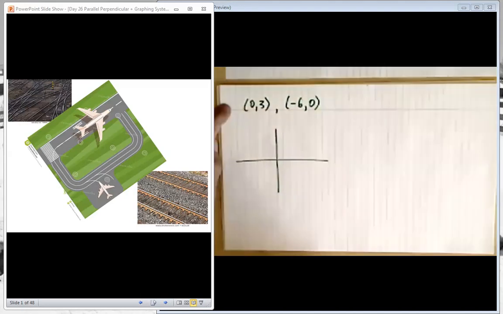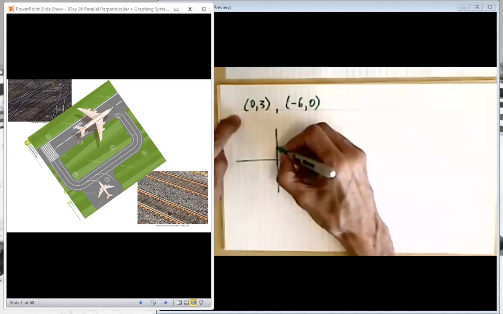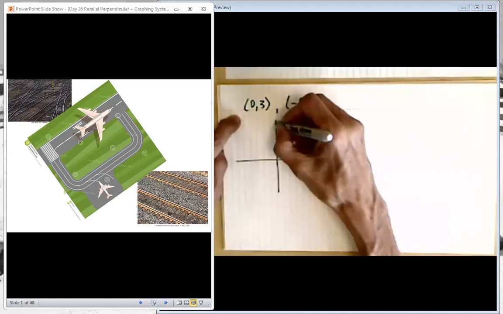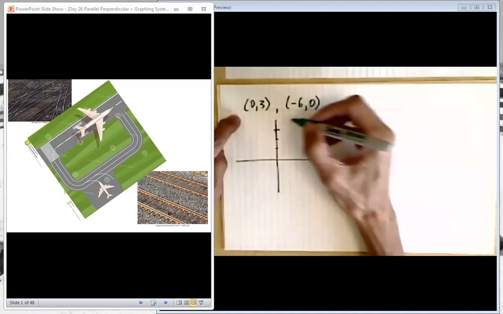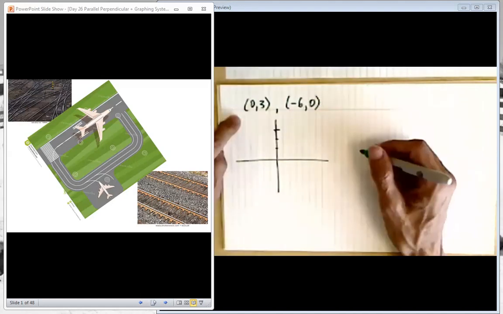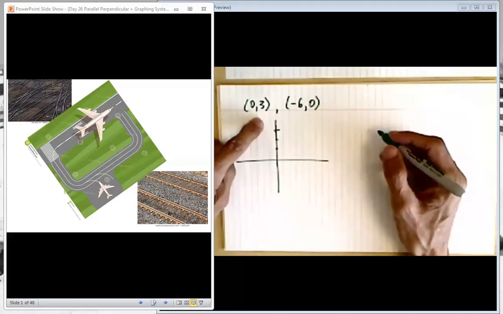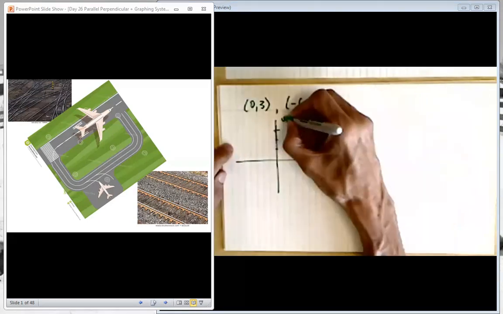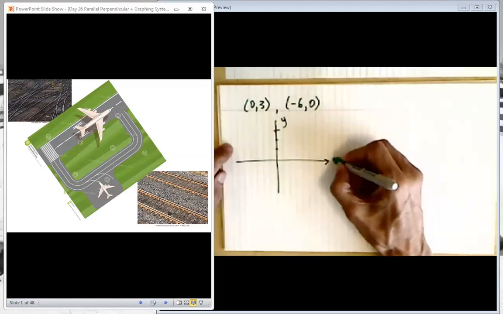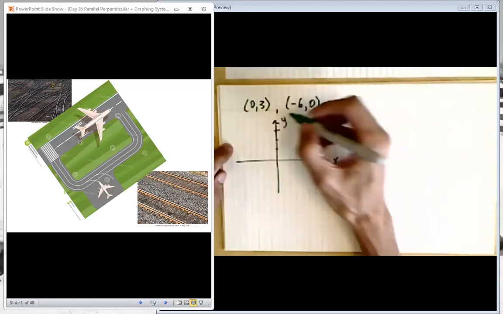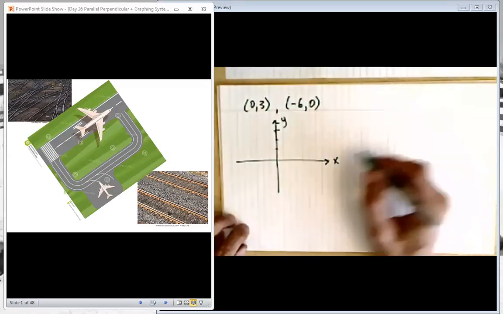Okay, showtime. Where does this one go? Well, the first one is X, second one is Y. And this is the Y axis always. That's the X axis always. So should be in X?